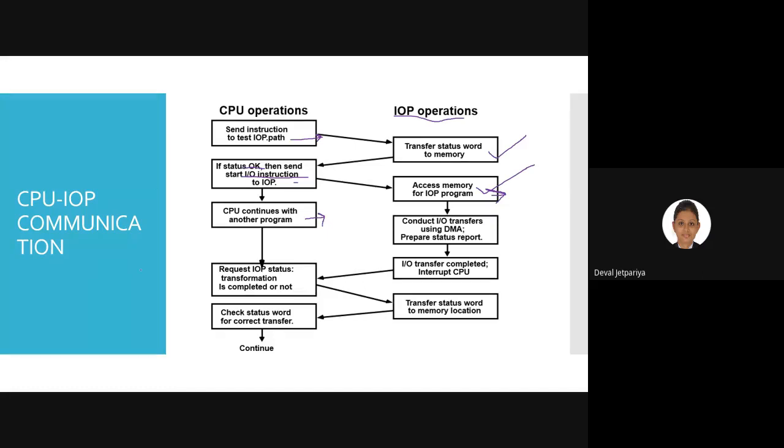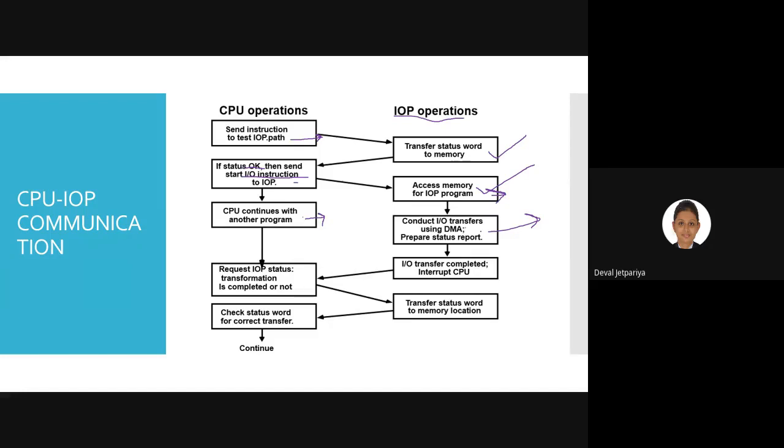Here the CPU will continue with another program, and the IOP will conduct some IO transfer using DMA, right? That means in the IOP program, we'll do some input output transfer. As we are directly approaching memory, that is treated as DMA, right?